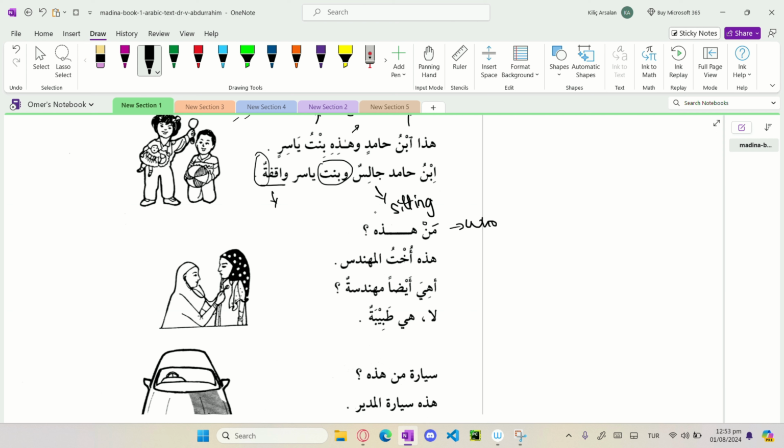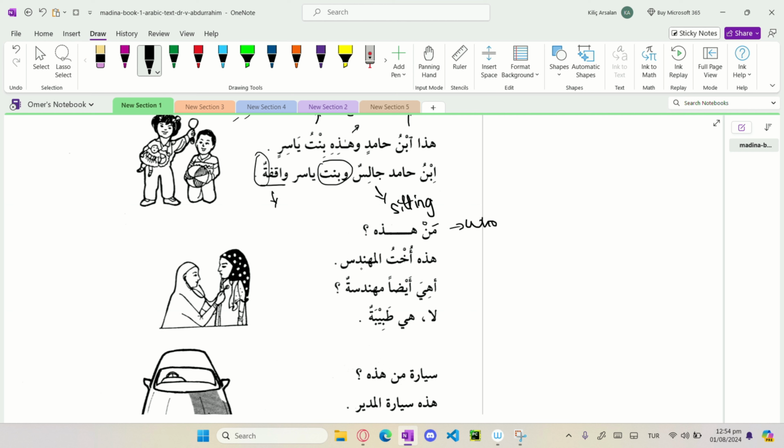If you don't know the person or who it is, if it's an unknown person, you will use the male identifier, or the male ismul ishara. So you will say man haza if you don't know if it's a female or male. But since the speaker knows who it is, hence he is saying man hazi, who is this?